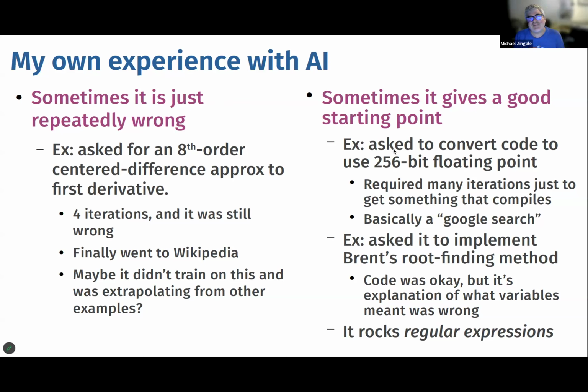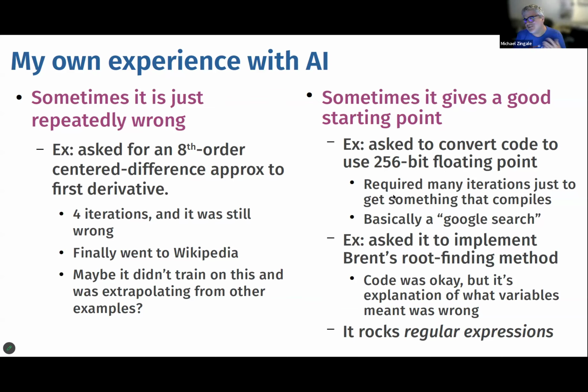Just yesterday, I asked it to convert some code to use 256-bit floating point instead of standard double precision 64-bit, because I really need to get some stuff sensitive. It did it. It required many iterations just to get something to compile. This was C++ code.